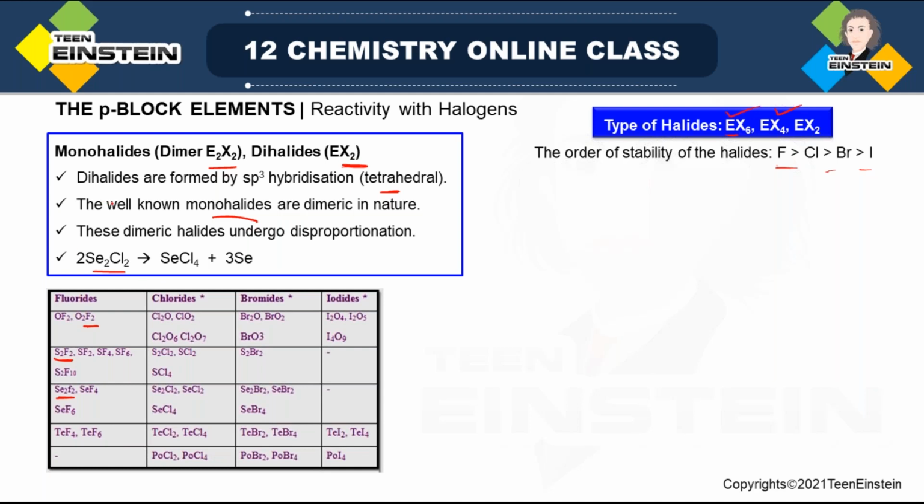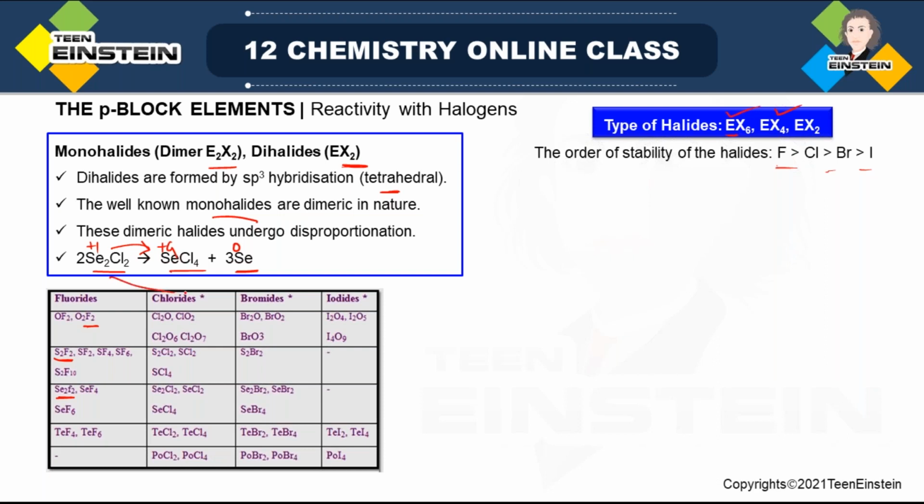So from the dimer of the monohalide, now we are getting selenium and SeCl4. In Se2Cl2, the oxidation state of selenium is +1. But after disproportionation, it is +4 and 0. That means both oxidation and reduction are going on simultaneously. From +1, when it has lost electrons, it is converted to +4.